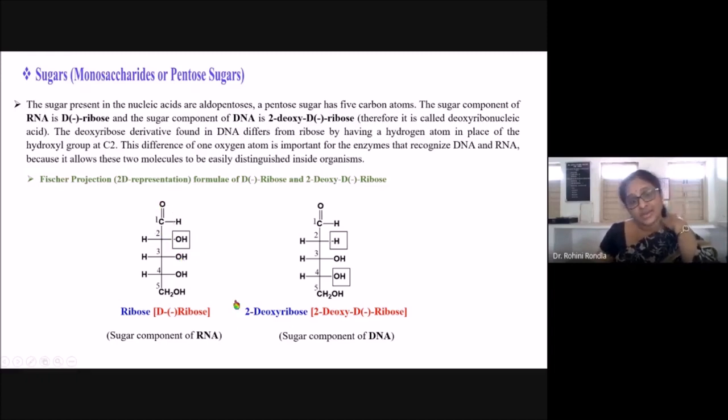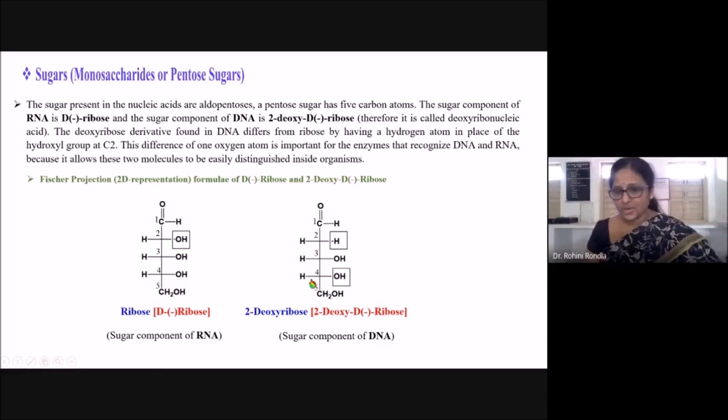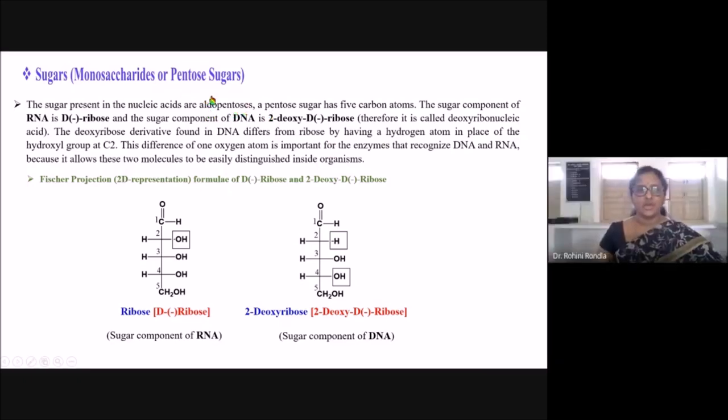Why are they monosaccharides? Why only one sugar molecule? See, it's not a trimer or polysaccharide, so they are simple monosaccharides. So nucleic acids contain monosaccharides, and what is the name? Pentose sugars. Specifically? Aldopentose. Okay, so why are we calling them pentose sugars? Because of 5 carbon atoms. And I am showing this type of representation.